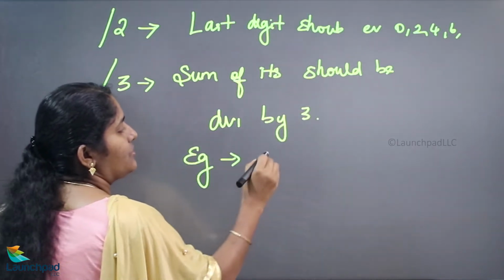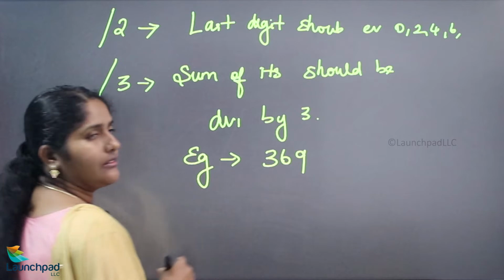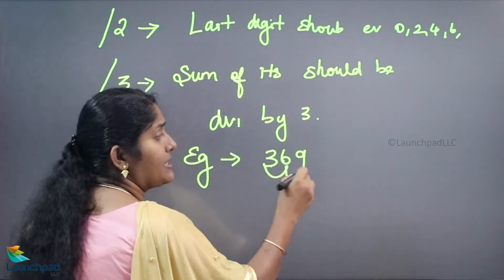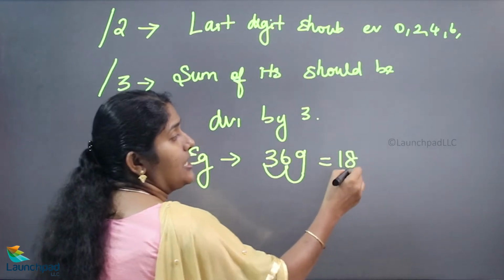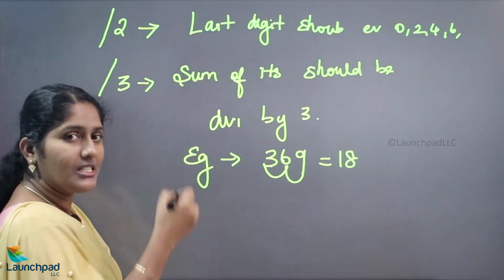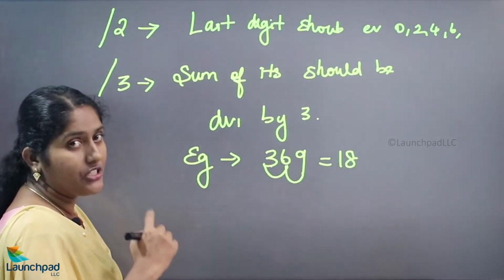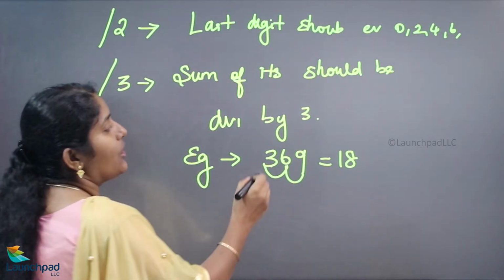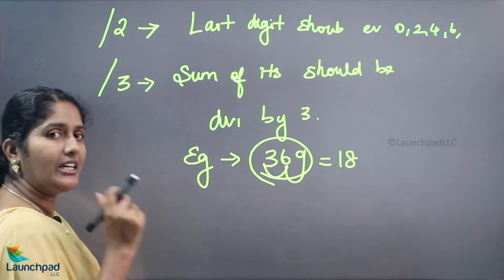Example: 3, 6, 9. So 3 plus 6 is 9, 9 plus 9 is 18. 18 is divisible by 3, or in other words it is a multiple of 3. Hence the whole given number is divisible by 3.